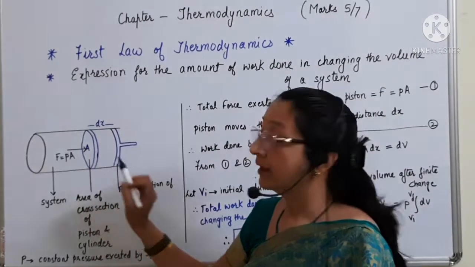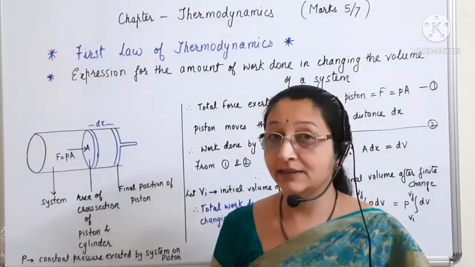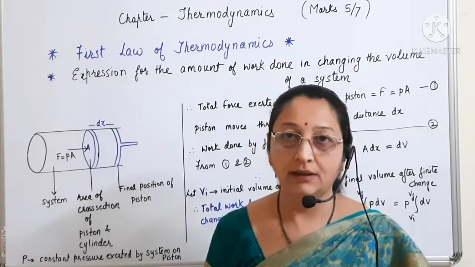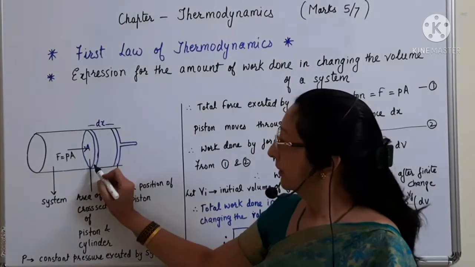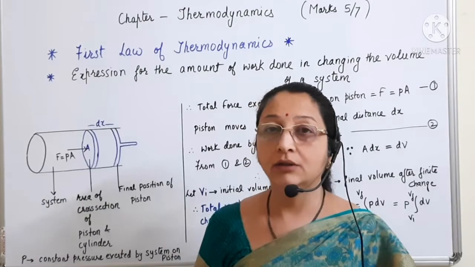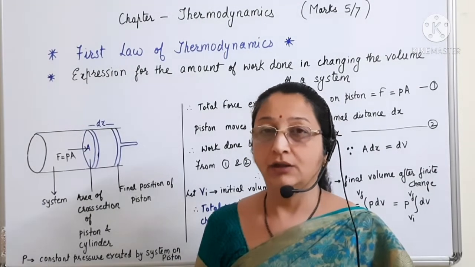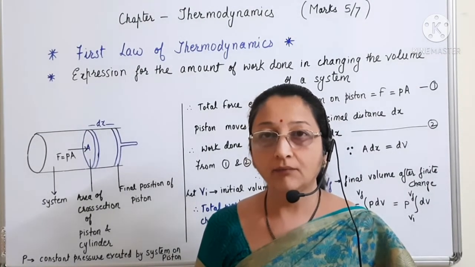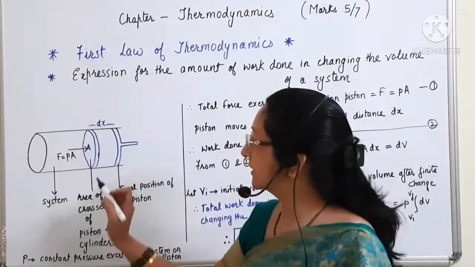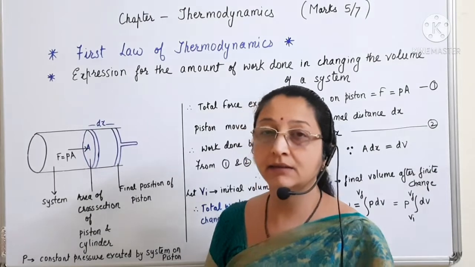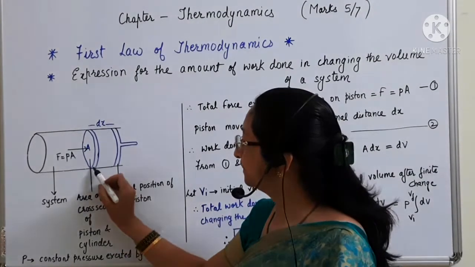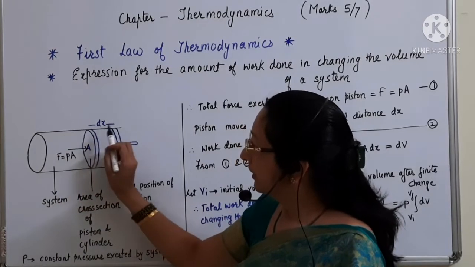The piston is massless, frictionless, and movable, because we don't want to discuss friction, weight, or other complications. Hence, the piston is massless, frictionless, and movable. So this is a system, the cylinder.